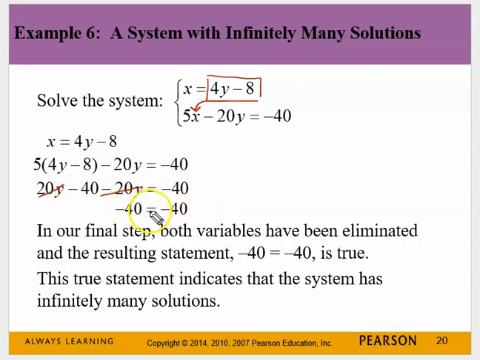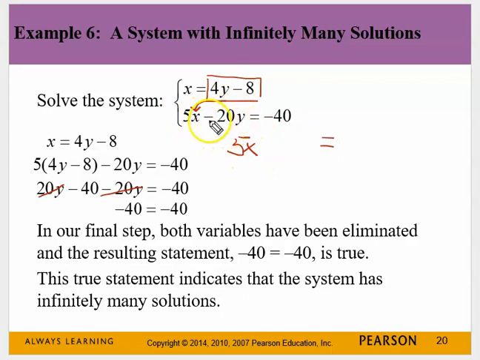Is that a true statement? Yes. This indicates that these equations, even though they were disguised, are the same equation. And let's prove that, by the way, by taking this equation, 5x, and we're going to solve for x.